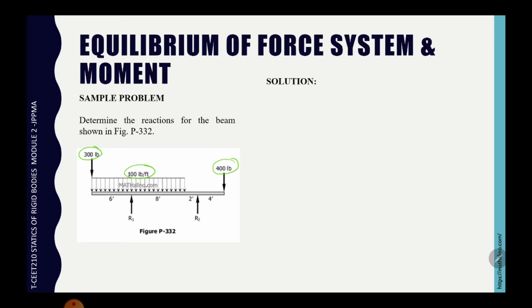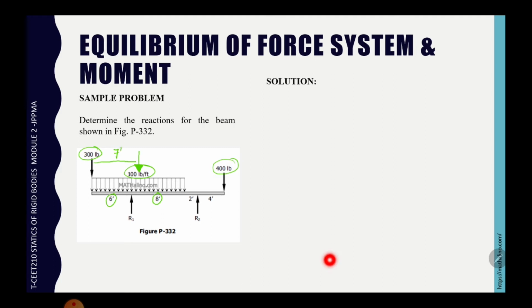So, first things first, kailangan natin makuha yung load nitong 100 lb per feet since this is a rectangular one. As discussed dun sa mga previous lesson natin, para makuha natin yan is maglalagay lang tayo dito ng arrow sa gitna niya, and ang gitna niya ay, kung ito ay 6 plus 8, magiging 14 yung pinaka-distance niya.